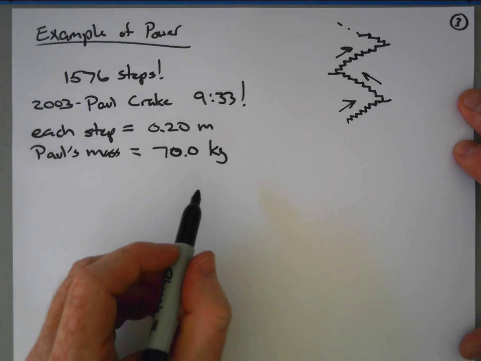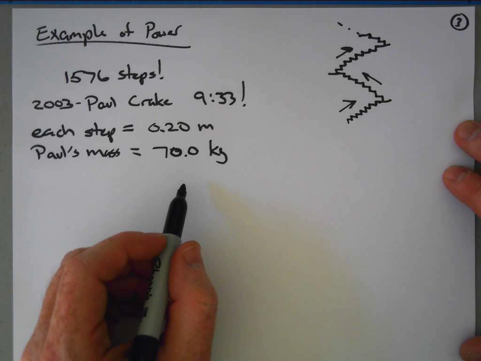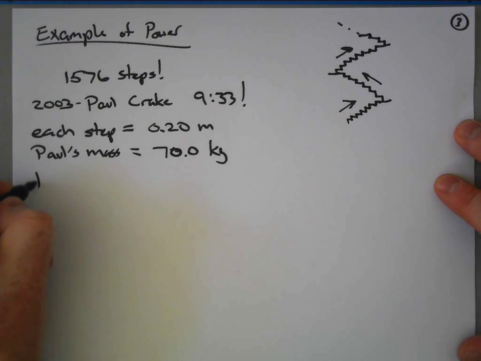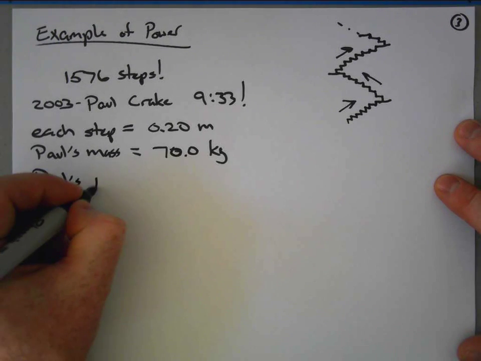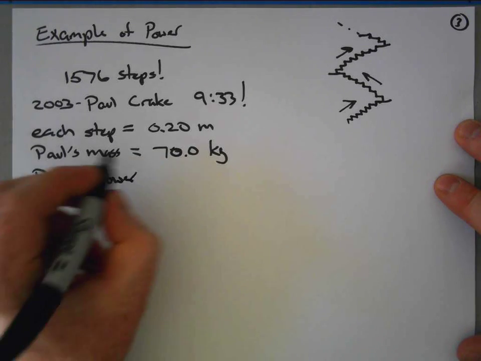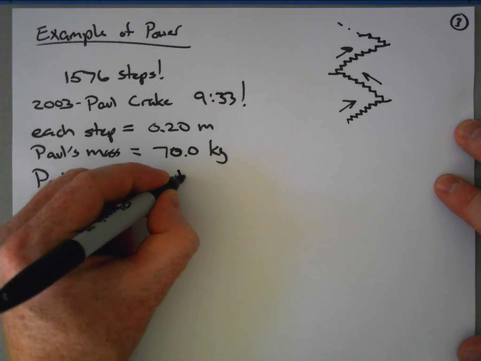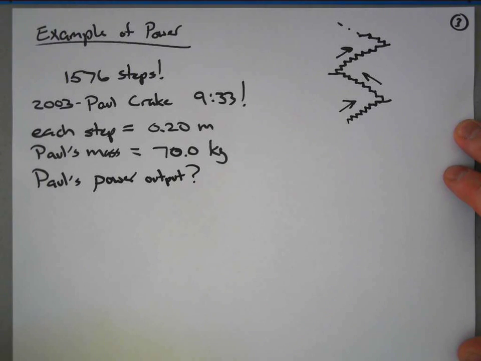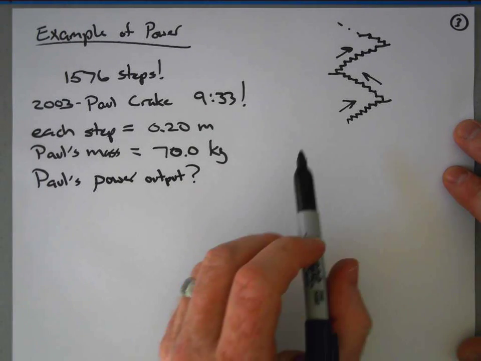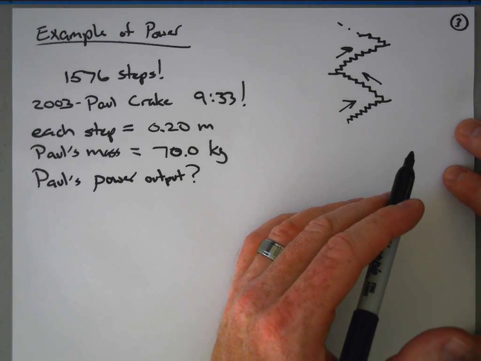Okay. Well, then what was Paul's power output? There's our question. So, first of all, the man is insane, but incredibly fit.